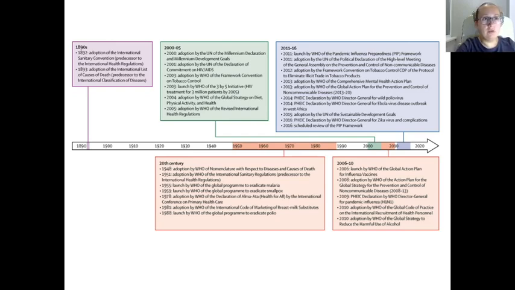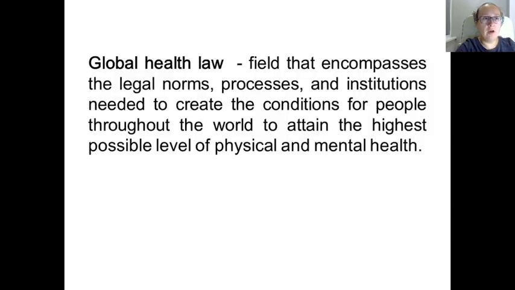So let's talk about the evolution of global health law. First, we should say that although public health is one of the earliest fields of international cooperation and one of the first domains in which an intergovernmental organization was created, the scope of international legal cooperation in public health was until recently highly limited.